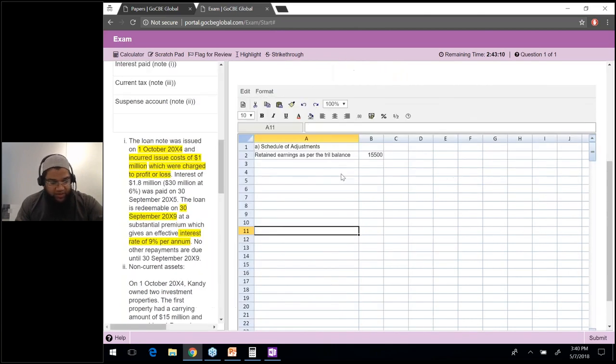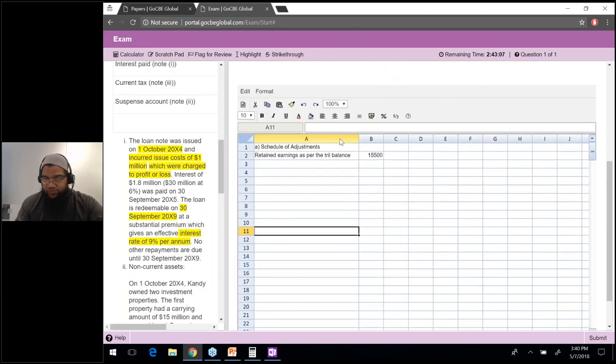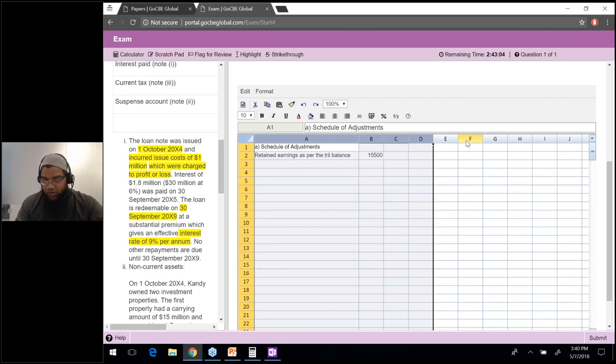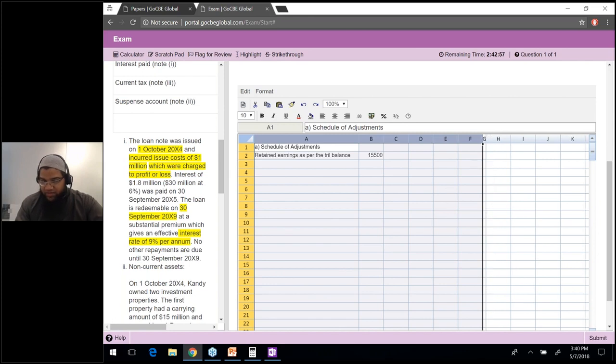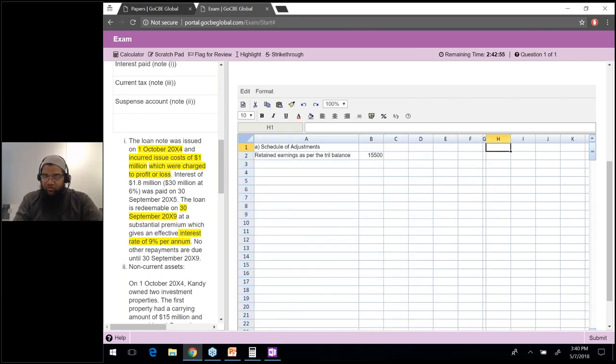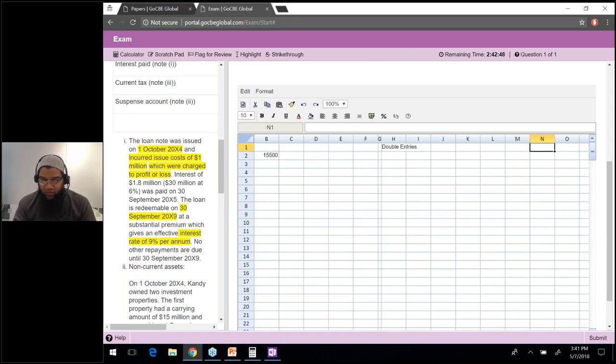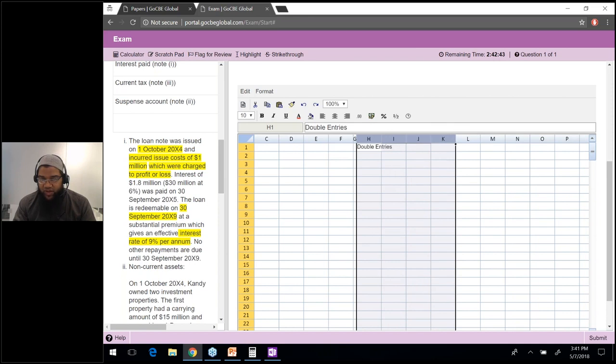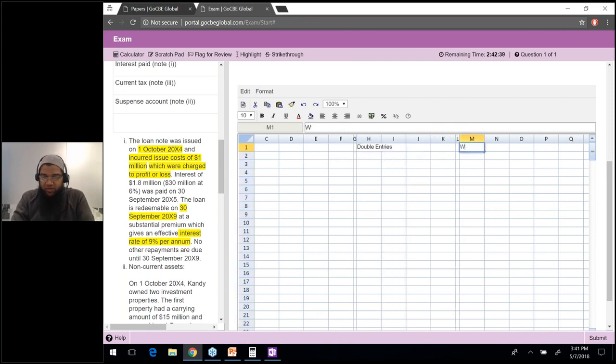Now I will take these 4 columns or maybe 6 columns, and shrink this one column, and I will write my double entries over here. I will be using 4 columns for the double entries, and then I'm going to shrink one more column. And now I will be performing my workings over here.